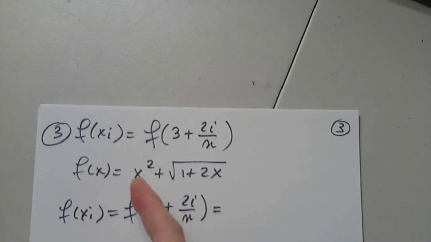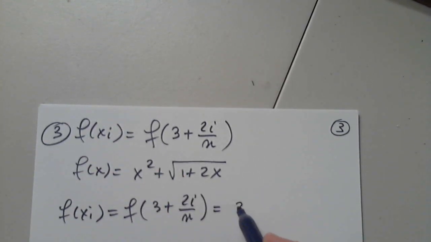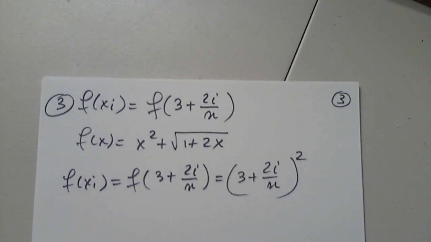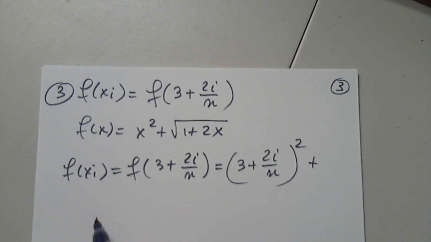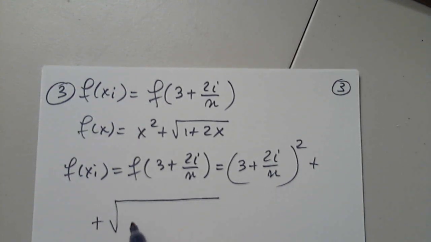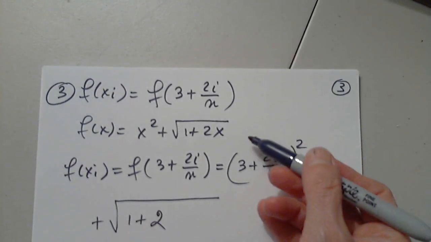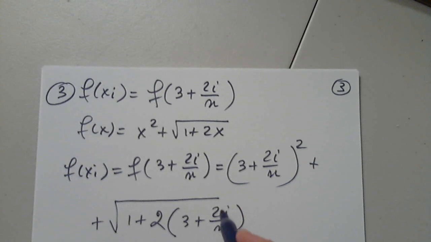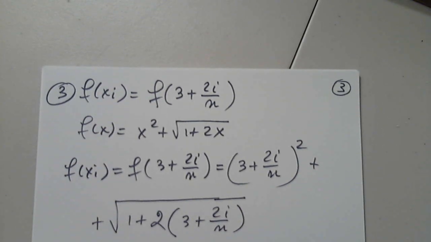So in here, instead of x, I have to plug in 3 plus 2i over n, squared. And then plus the square root of 1 plus 2, and instead of x, I have to plug this in. Parentheses 3 plus 2i over n. Let's stop for a moment and see if we have any questions on this.